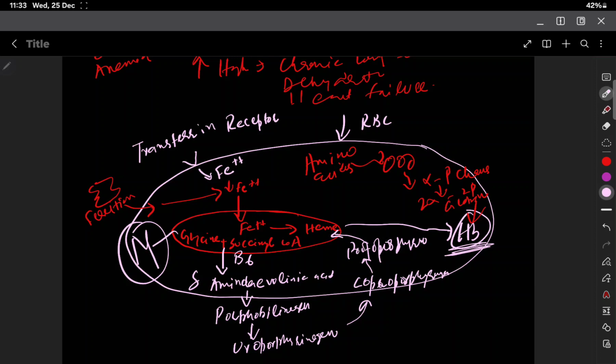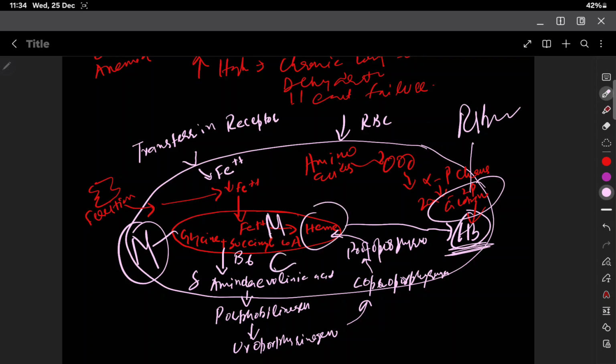Or we can say the heme part is synthesized in a series of steps in mitochondria and cytosol, because the heme part is synthesized in both organelles, mitochondria and cytosol, and this is formed in the immature red blood cells, while globin parts are synthesized by the ribosomes in the cytosol. So the globin part is made in the ribosomes and the heme part is synthesized in the mitochondria and cytosol.